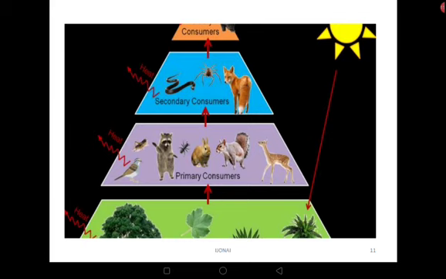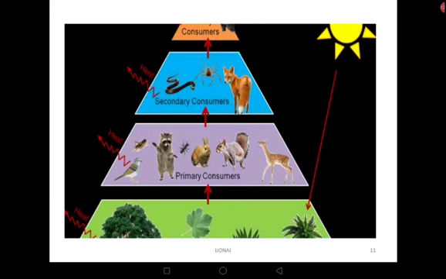So, dear students, in this lesson, we were focusing majorly on establishing the trophic levels of consumers. And I believe by the end of the lesson, we all now know that the trophic levels include the following: the primary producers, then we move to the primary consumers, then to secondary consumers, then to the tertiary consumers.